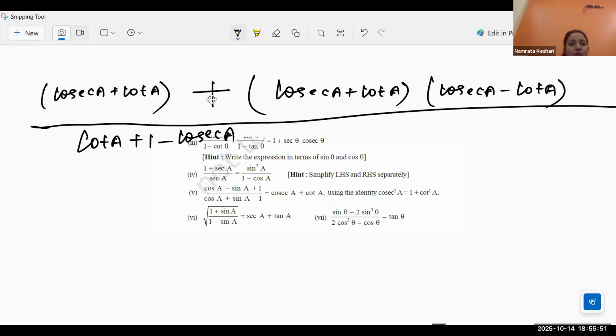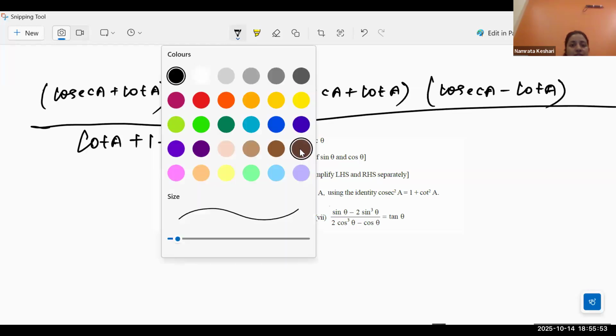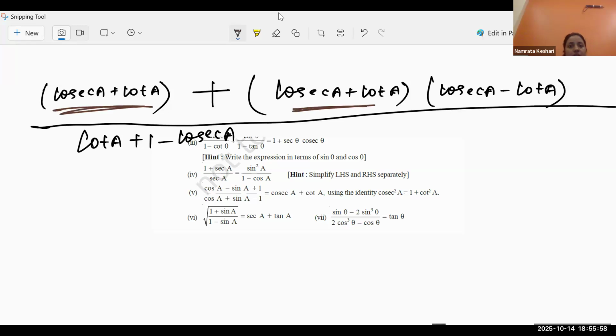I want you to notice that this is the common factor over here. This is the common factor over here. If you want, just for your clarity I am showing you. If you understand directly then that's the best, but let me show you this way.